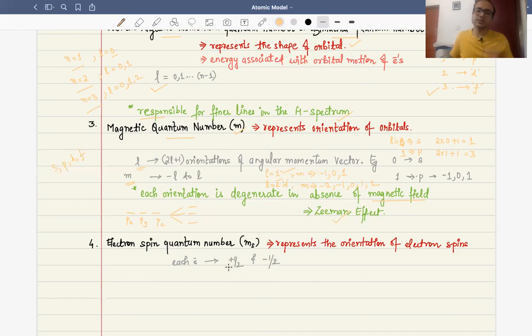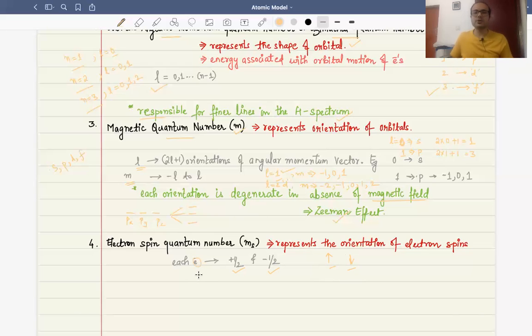So the spin orientations that are possible for an electron are given by plus half and minus half. So if this represents the plus half orientation of the electron, then this would be the minus half orientation of the electron. So only two orientations are possible for each electron.